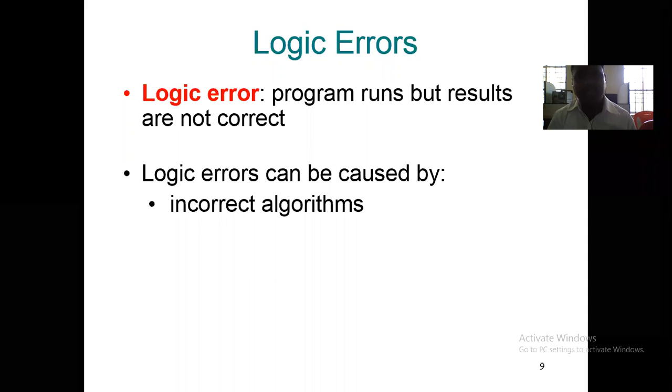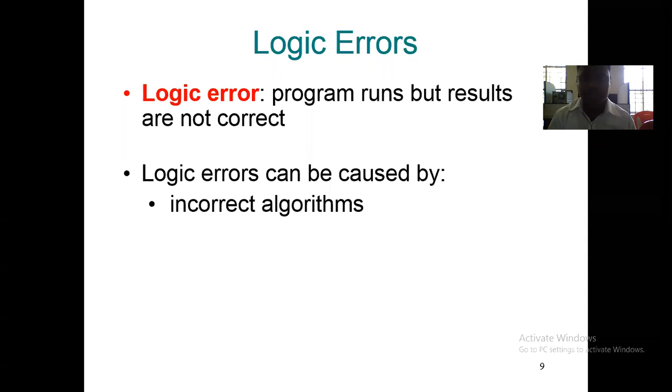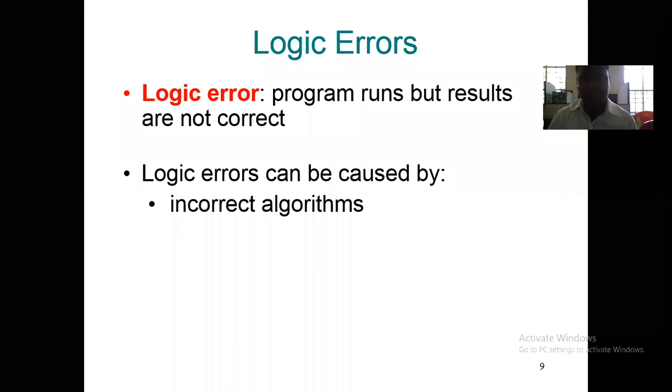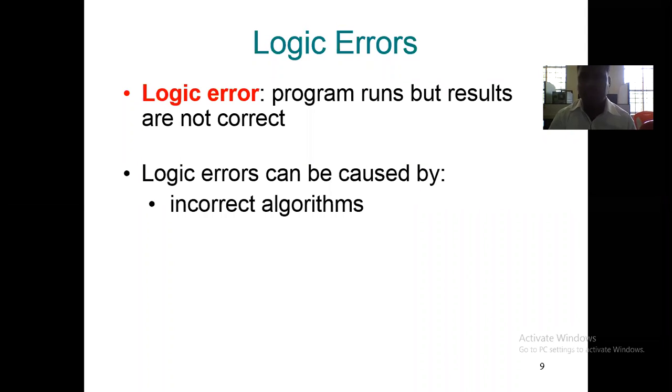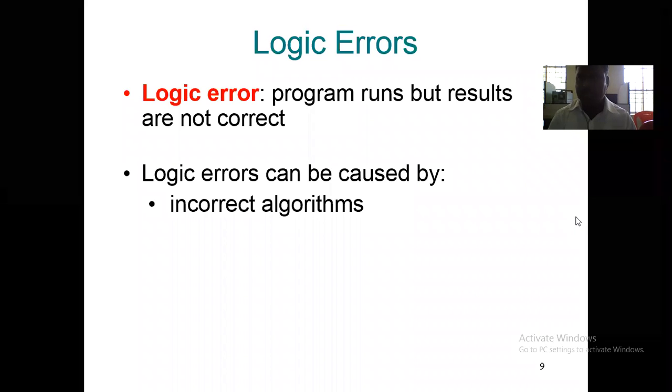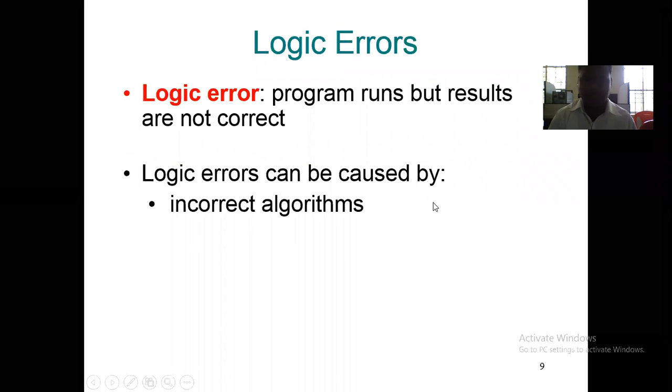Logical errors can be caused by incorrect algorithms. Before writing programs, we need to write the algorithm: start, what are the inputs, what are the problems, what is the logic, what is the output. While doing that logic, we may have a problem.